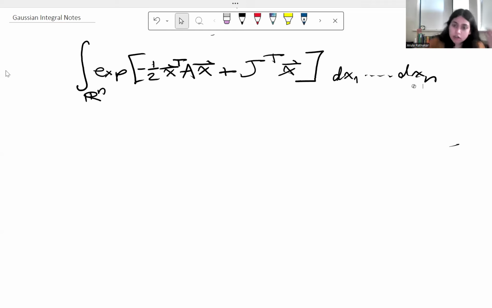So to start with, since the univariate Gaussian becomes really relevant, I'm just going to go through that.